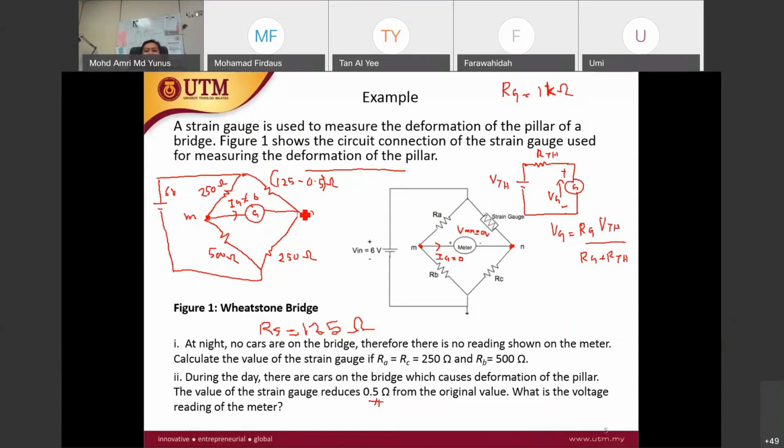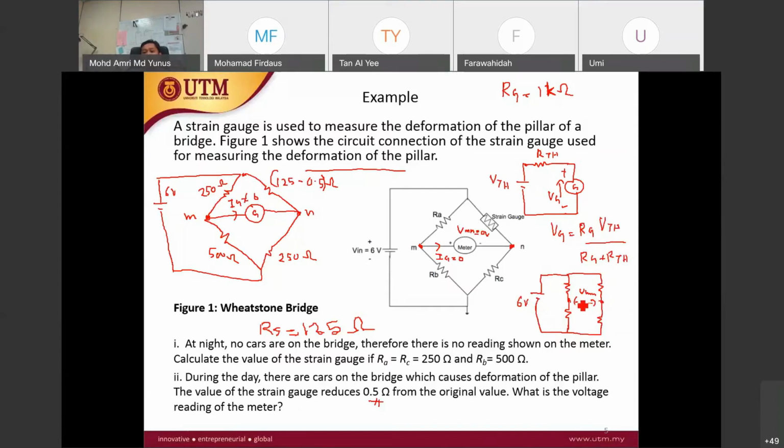First, we need to find the equivalent Thevenin circuit between M and N, with the 6 volt supply.